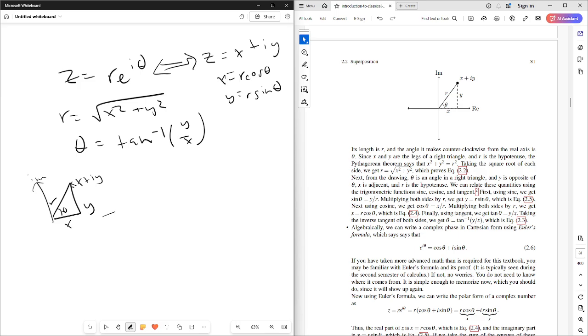Imaginary axis, and this is the real axis. Okay, so we can find r through the Pythagorean theorem here. x squared plus y squared gives us r squared. And then with r we have theta.